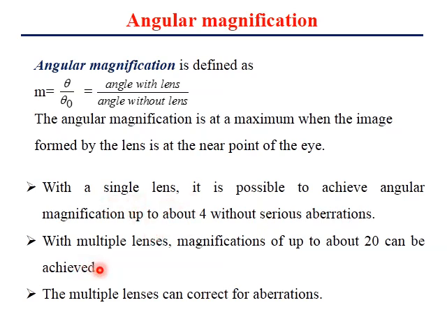Now if I use multiple lenses, I can have magnifications of up to about 20, which is 5 times more than that of a single lens, without any serious aberrations. That's why you must have seen that in higher microscopes we normally have more than one lens. The multiple lenses can correct for aberrations, which is very useful. Okay, let's move ahead.